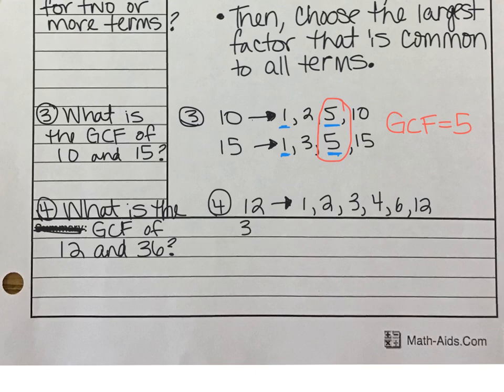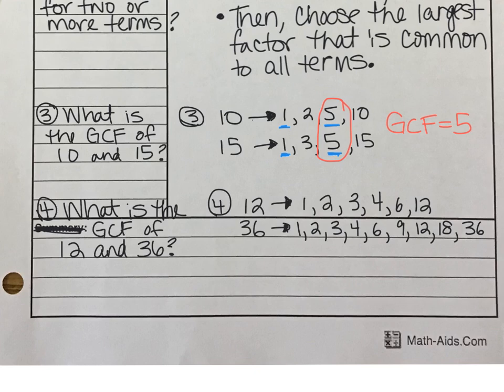Now we're going to do the same thing for 36. 1 times 36, 2 times 18, 3 times 12, 4 times 9, and 6 times 6.